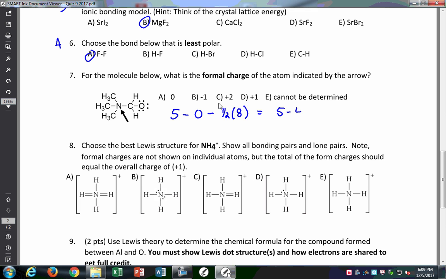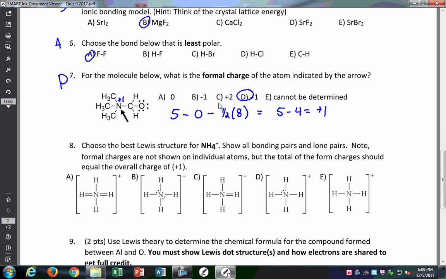So that's 5 minus 4, and that's plus 1. Anytime nitrogen has 4 single bonds, it has plus 1 charge. Carbon is neutral. In this molecule, oxygen has a -1. Make sure that you can calculate that. Hydrogens are all neutral, clearly.